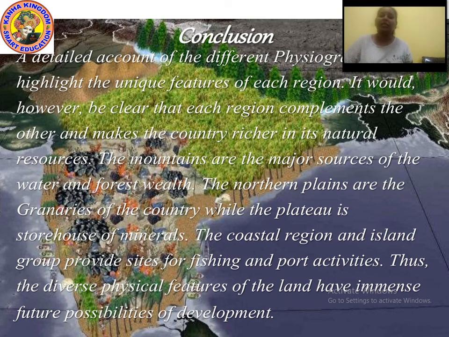The coastal region and the island groups provide us sites for fishing and port activities, and we are also able to see several aquatic wild animals in this region. Thus, these diverse physical features of the land have immense possibility of future development.